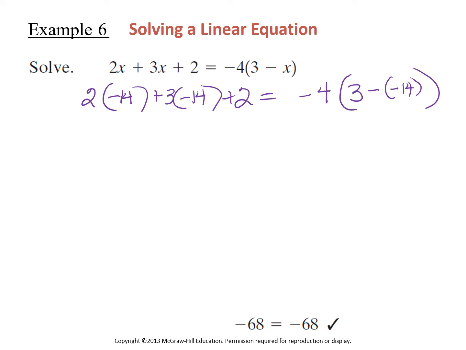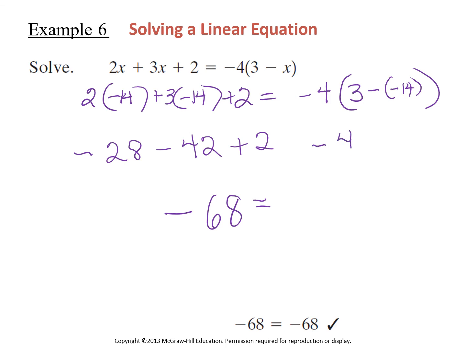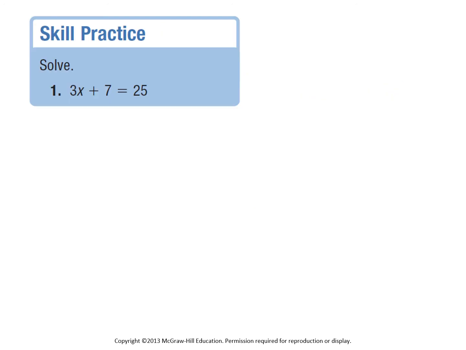Okay, so this is negative 28 minus 42 plus 2. Negative 70 plus 2 is negative 68. And on the right, I have negative 4 times 17, which is also negative 68. And here are some for you to try.